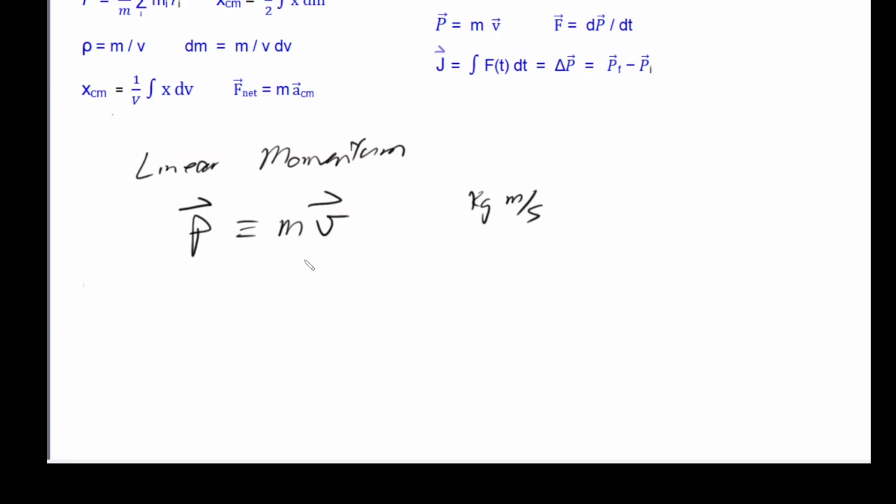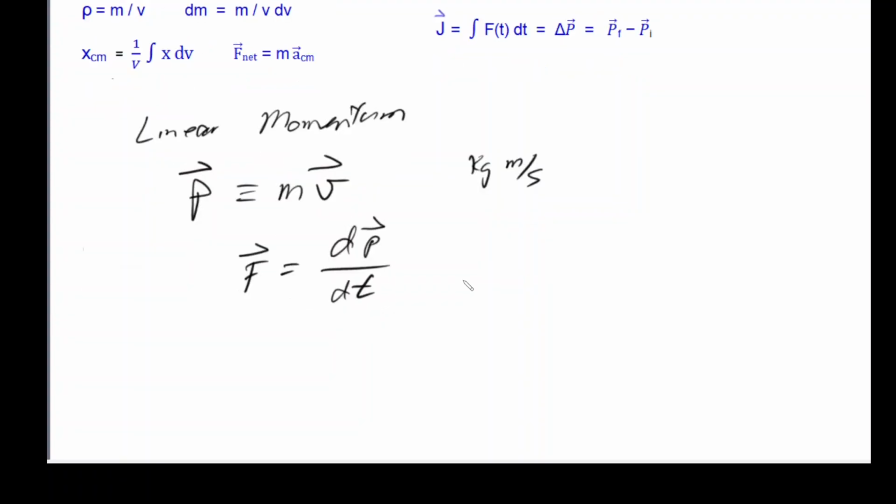And if you apply F equals ma, you can derive Newton's second law in this form. The force is equal to the change in momentum over time. And this is important because this says that momentum only changes if an external force is acting upon it. Now notice I said external force. Internal forces that react within the system itself do not count.